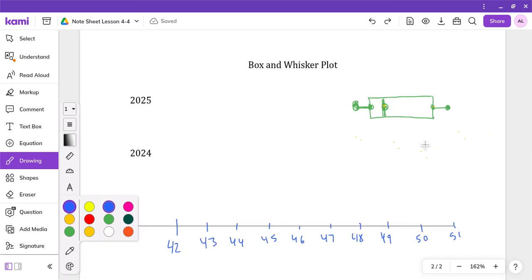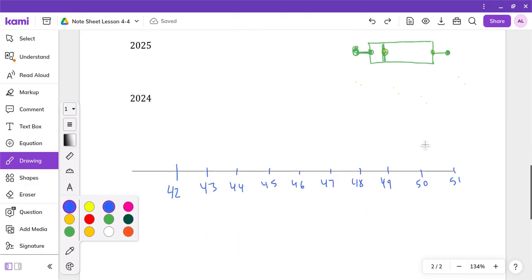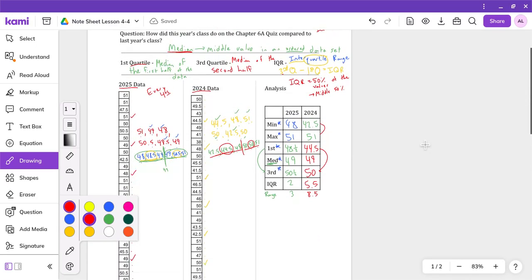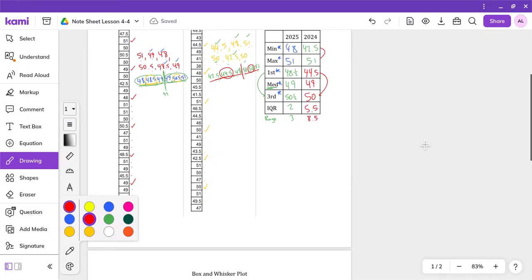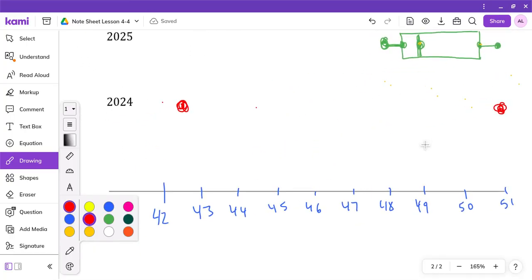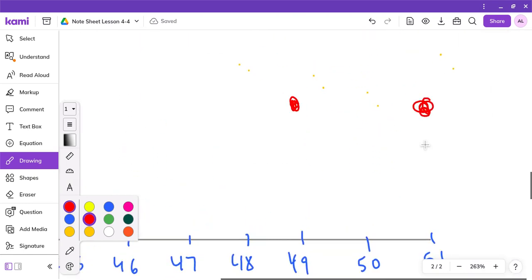Okay, 2024, here we go. We're going from 42.5. This one's going to look drastically different. 42.5 to 51. So here's 42.5, right there-ish, to 51. Big difference there. Then we're going 44.5, 49, and then 50.5.